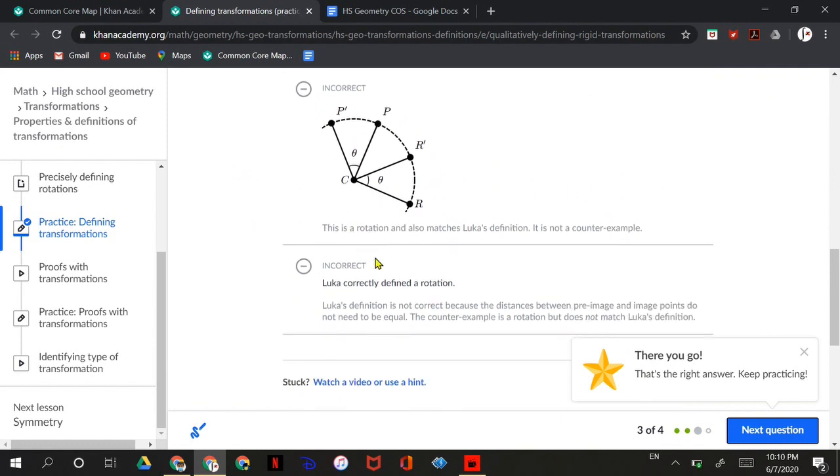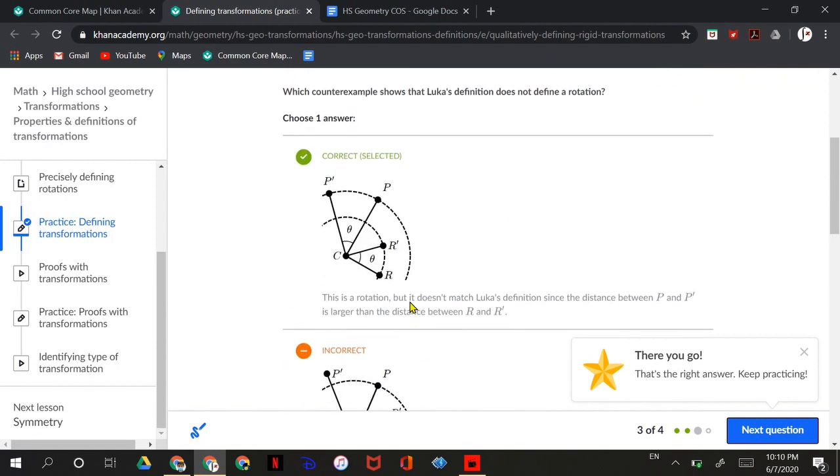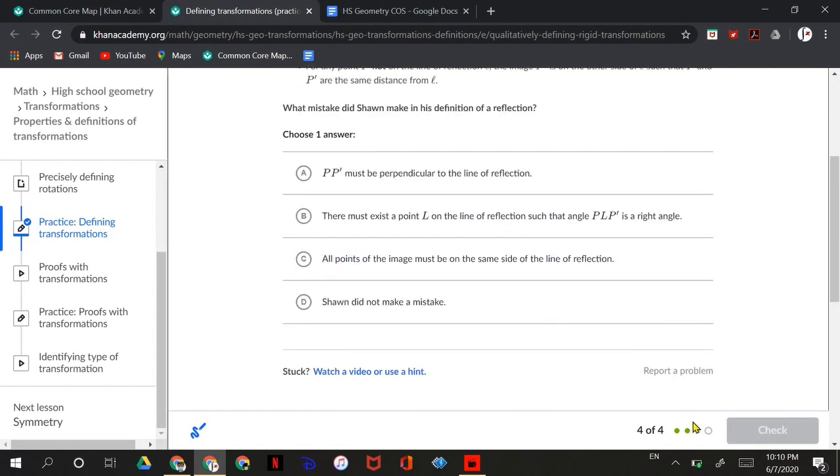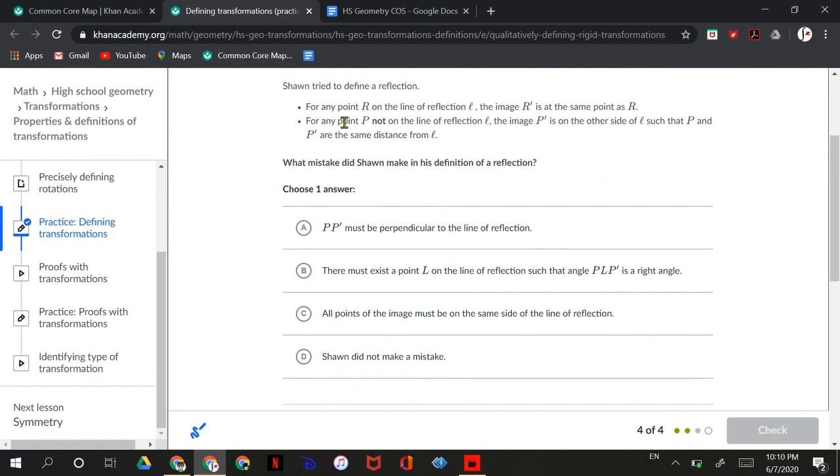Oh shoot. This is the first mistake. Yikes, okay. For any point P on the line of reflection, the image P' is the same point as P. For any point not on the line of reflection, L, the image P' is on the other side of L, such that P and P' are the same distance from L. What mistake? Okay. So, let's see.